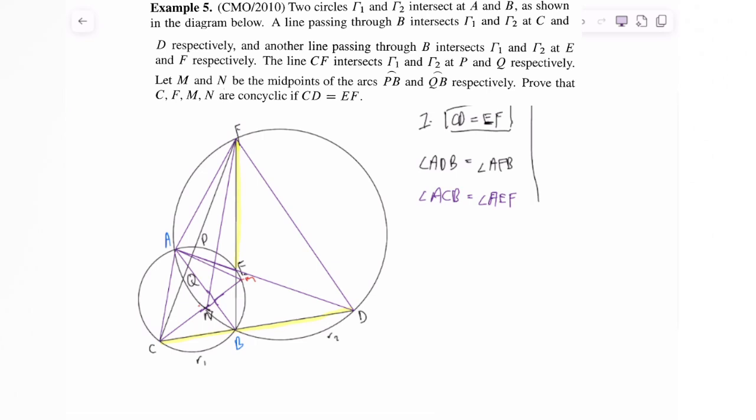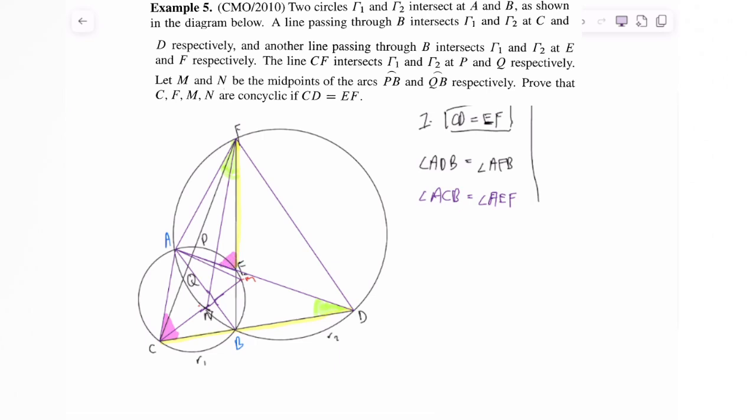We have angle ADB equals angle AFB, and angle ACF equals angle AEF. So angle ACB equals angle AEF.